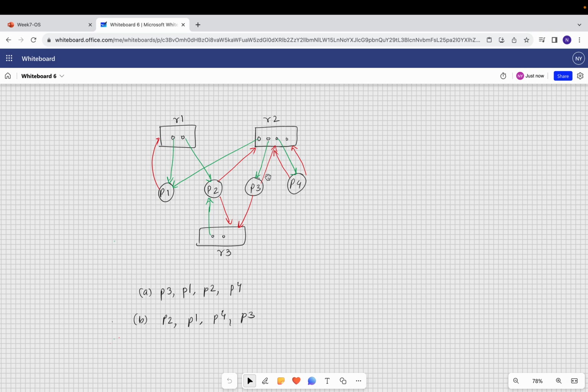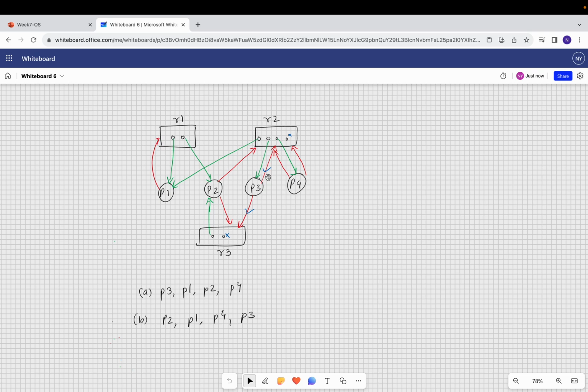I'm not going to erase these, I'm just going to put a tick here, which says that the request is served, and this resource here we have taken. So this resource here and this resource here are no longer available, they have been taken by process P3.